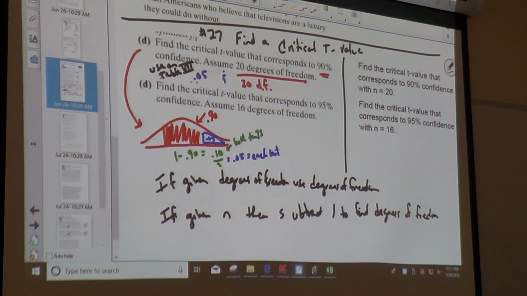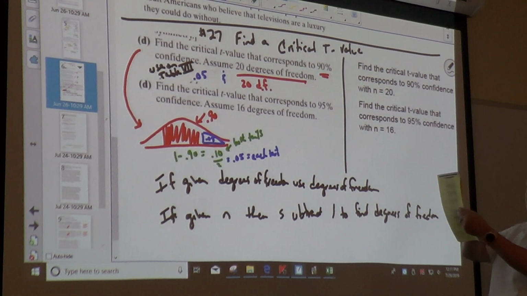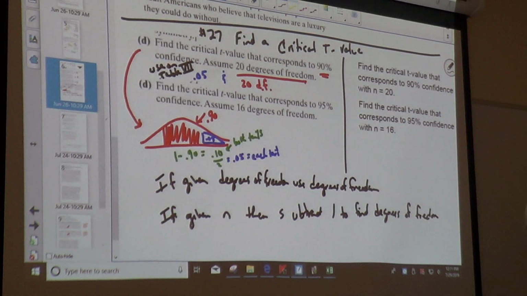I'm going to use 0.05, and I'm going to use 20 degrees of freedom. So if I go to 20 degrees of freedom and come over to 0.05, what is my answer gonna be? 1.725. So my answer is gonna be 1.725. Did everybody get that? All right, if I come down to the next one.